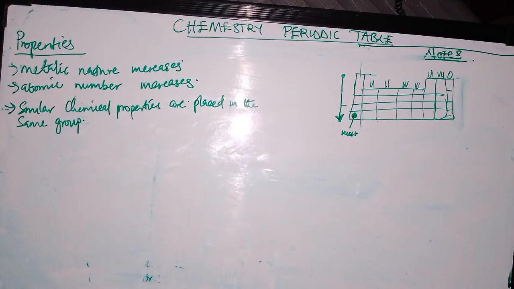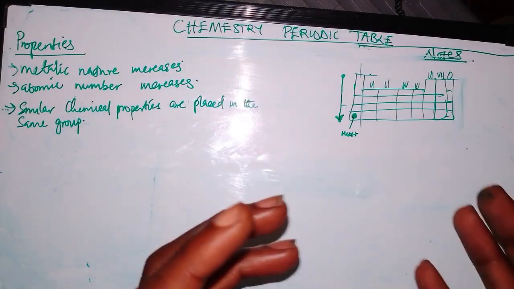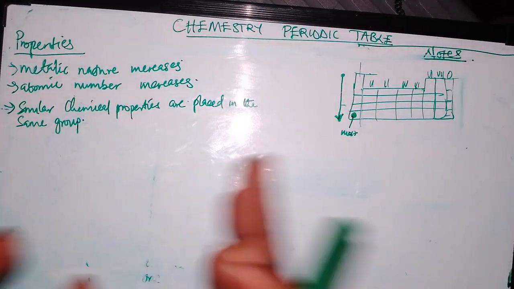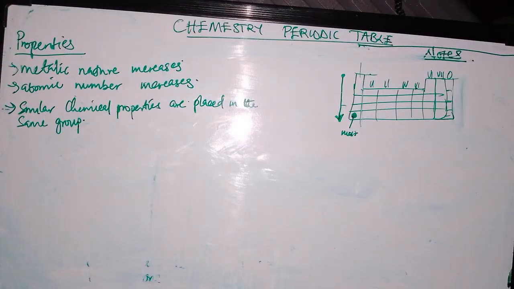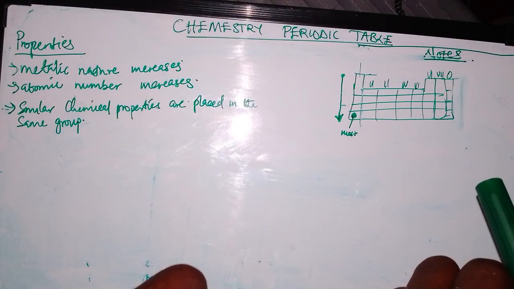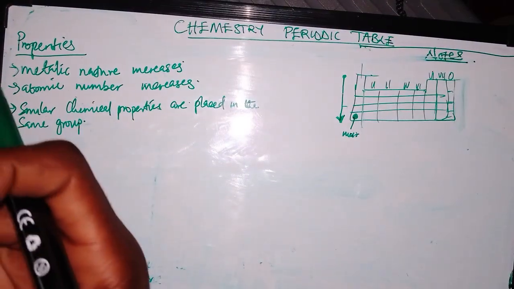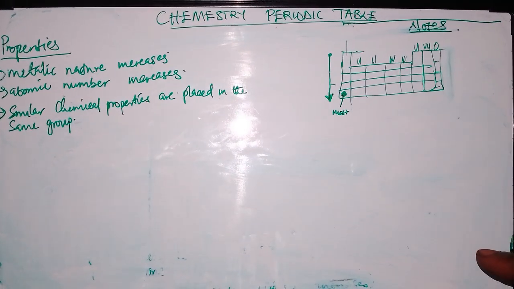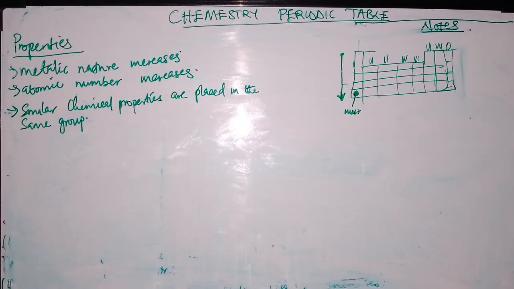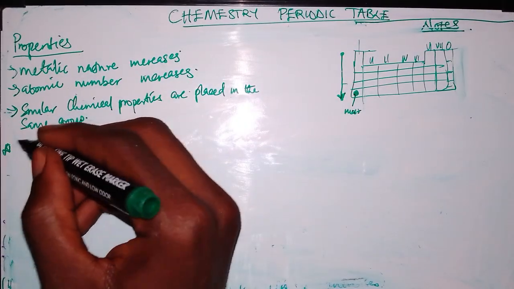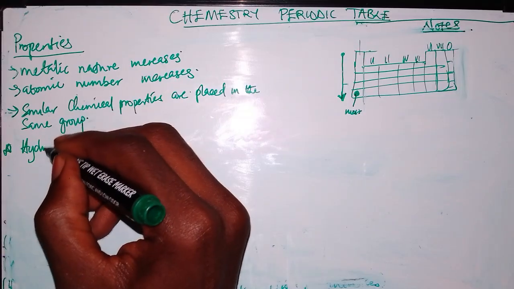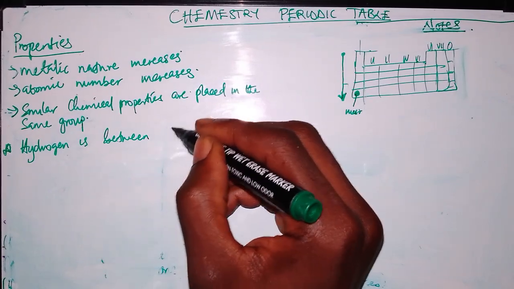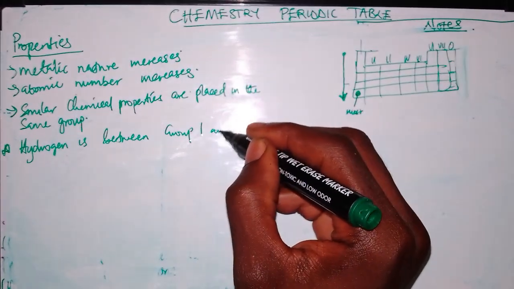Because hydrogen in some cases it can share an electron, which makes it a non-metal, and it can also lose an electron, which makes it what? A metal. So this point you need to understand is that hydrogen is between group 1 and 7.